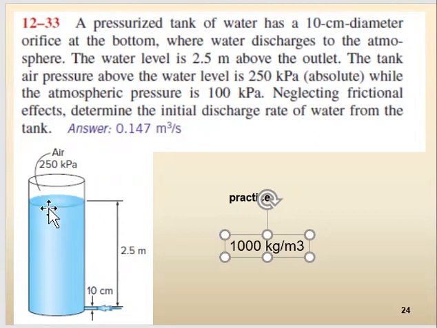So velocity at point 1 is almost 0. And water discharges at point 2 at atmospheric pressure into the atmosphere, so P2 is basically given to you guys. So solve for this and upload a PDF file of your practice problem solution on Blackboard.